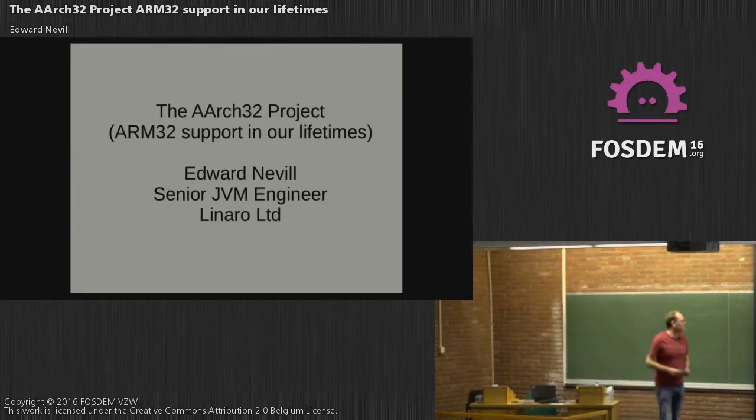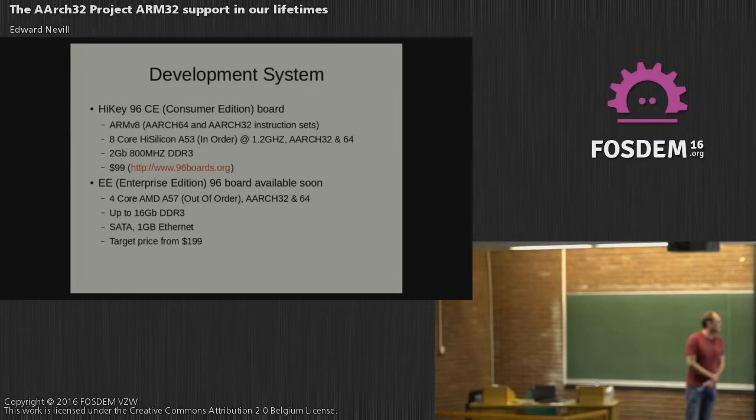So one of the things Linaro does is it specifies a reference design for development boards. The goal is to provide low-cost development boards to support development for Arch32 and Arch64. There are two variants of the board, a consumer edition and an enterprise edition. The specification of the consumer edition is here.